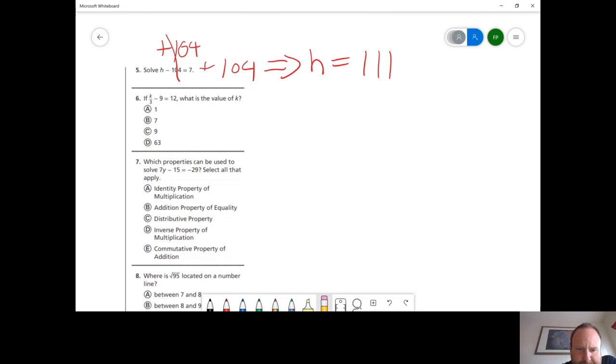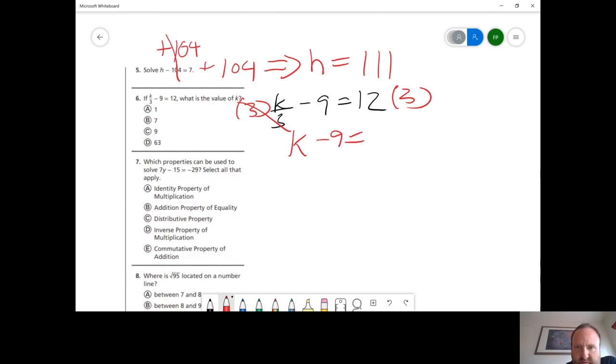If I multiply both sides of k over 3 minus 9 equals 12 by 3, then the 3 wipes out, and you have k minus 9 equals 12 times 3, which is 36.